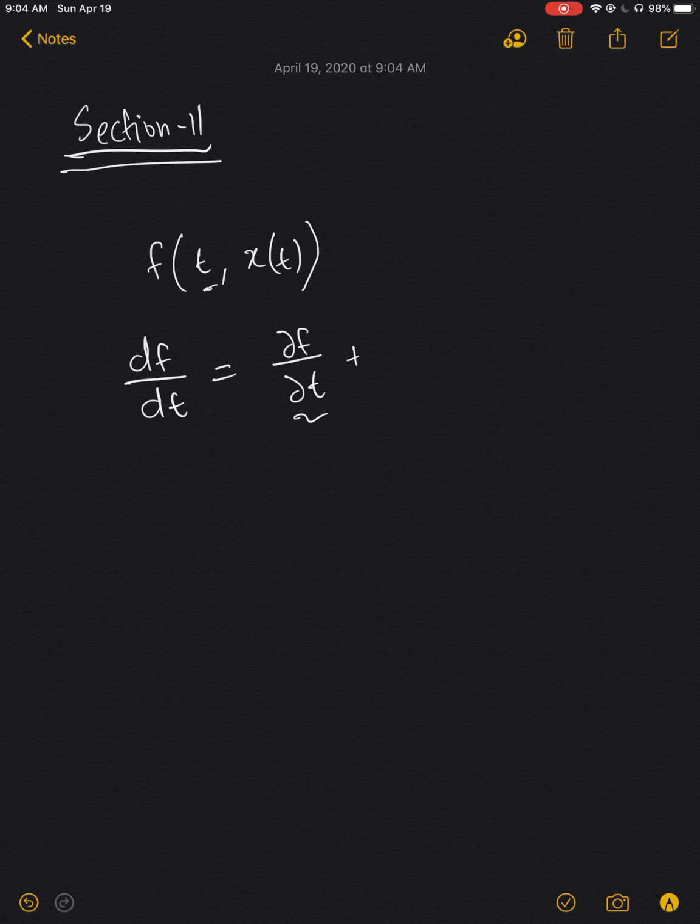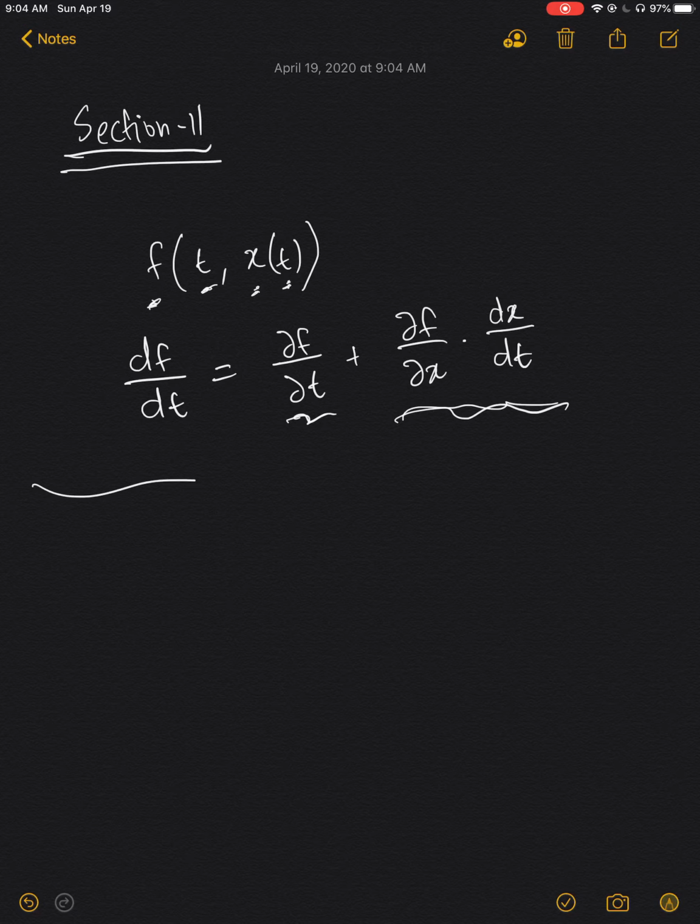But you also have to take into account that when you change t, you change x, and that in turn changes f. So you have to take into account the effect of changing x on f, and that's due to x changing because of t. Okay, so because of changing t, over here you're changing x, that changes f, that's this part over here, and because when you change t, you directly change f, that's that part over there.